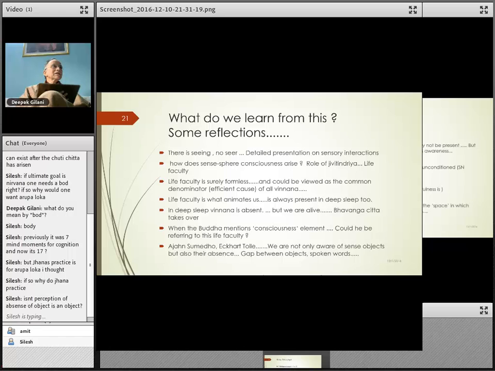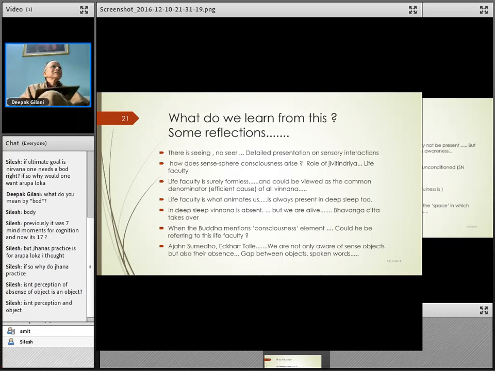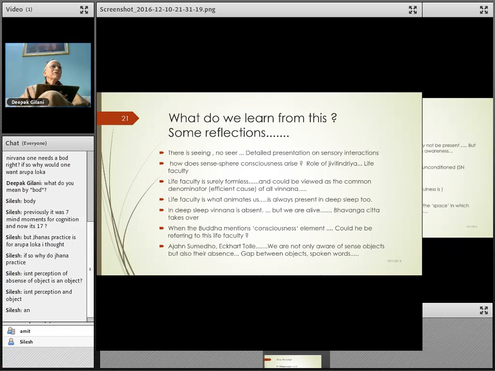So there is that awareness that I'm not able to see, which means eye consciousness is not arising. I'm aware eye consciousness is not arising. सुनना, बहरा हो जाता है आदमी, बुढ़ापे में तो हो ही जाते हैं, मुझे सुनाई नहीं दे रहा है. I cannot hear you, but there is an awareness that I am not able to hear.